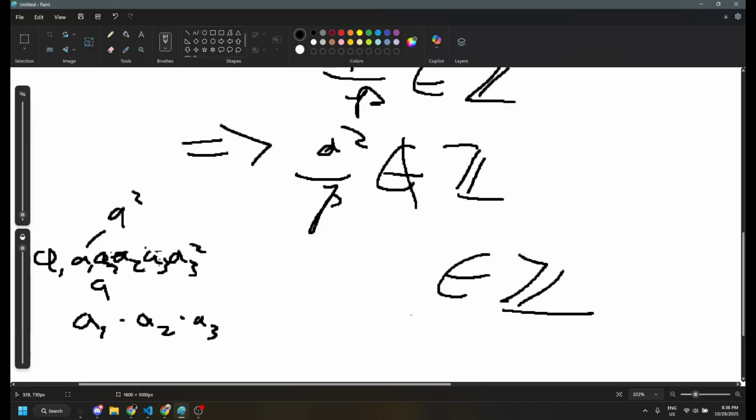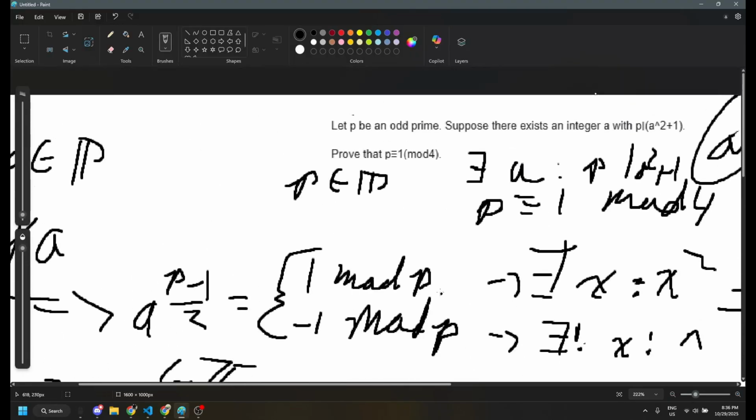That's easier to comprehend for me. So P is none of these factors. Then it follows that, of course, P is none of these factors, because it's not a1, a2, a3. Yeah. So it follows that A over P is not an integer.